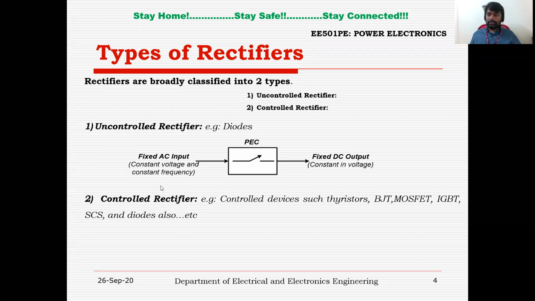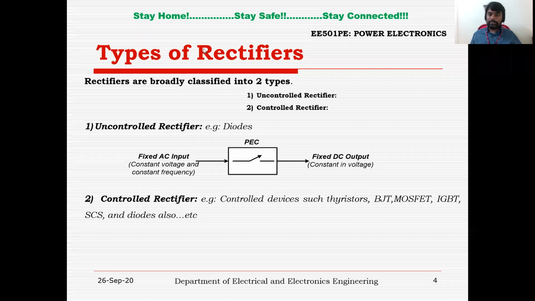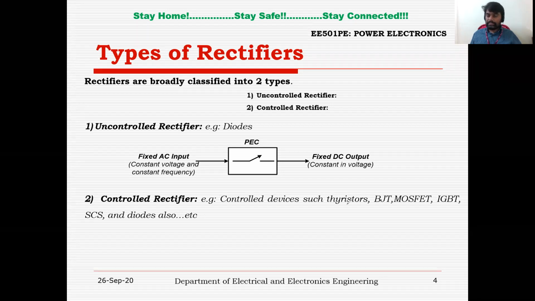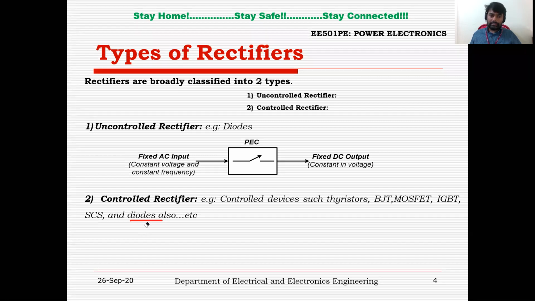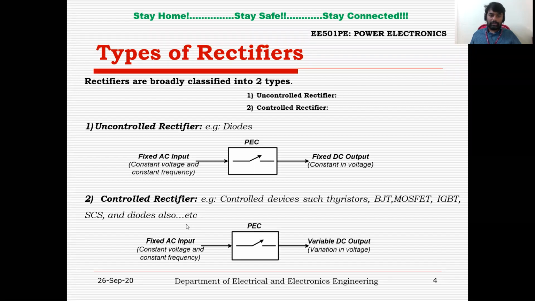Then coming to the controlled rectifier, where you can use control elements such as thyristors, which are semi-controlled devices, and MOSFET, IGBT, BJT, which are fully controlled devices. You can also use diodes in addition to these devices. In this chapter we are going to discuss the controlled rectifier.